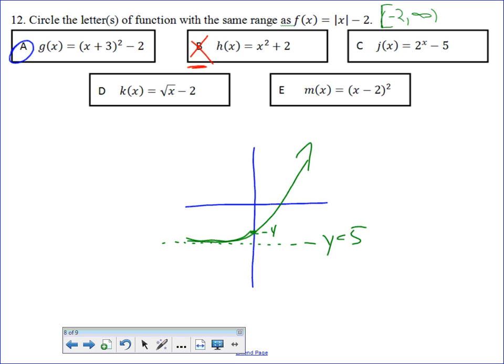And so the range on this function is 5 to infinity. And because it's an asymptote, it never touches. It just gets really close to 5. But once again, that is not the same range, so that one's out.